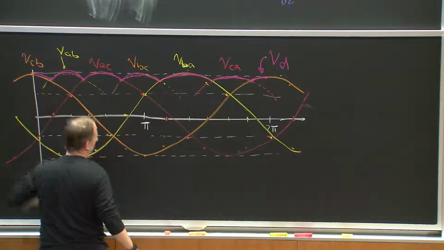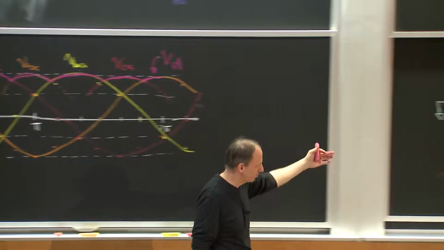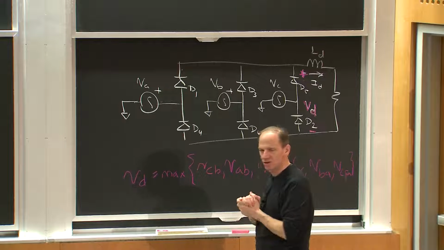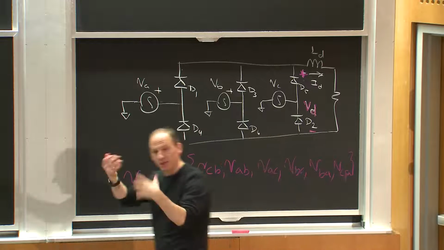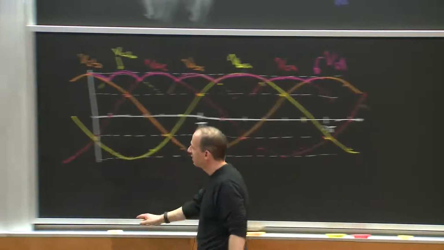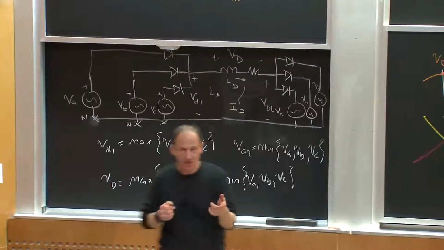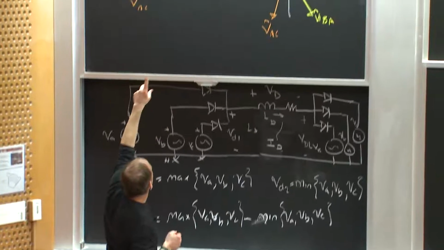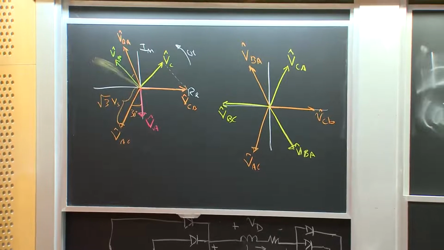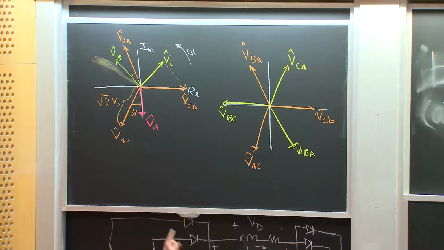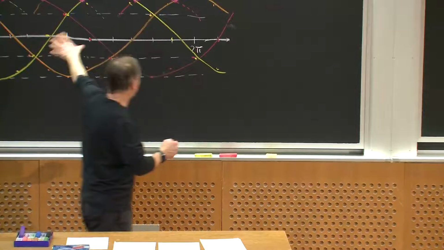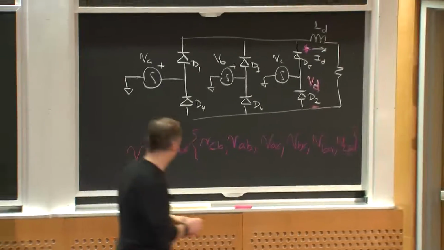Now, why am I harping on this? A few reasons. Before I get to that, let me tell you a couple of things just for bookkeeping. We've named our phases A, B, and C originally such that A rotates, then after A maximums, B maximums, then C maximums, and so forth. So it goes A, B, C. When I do the rectifier, I get two effects.